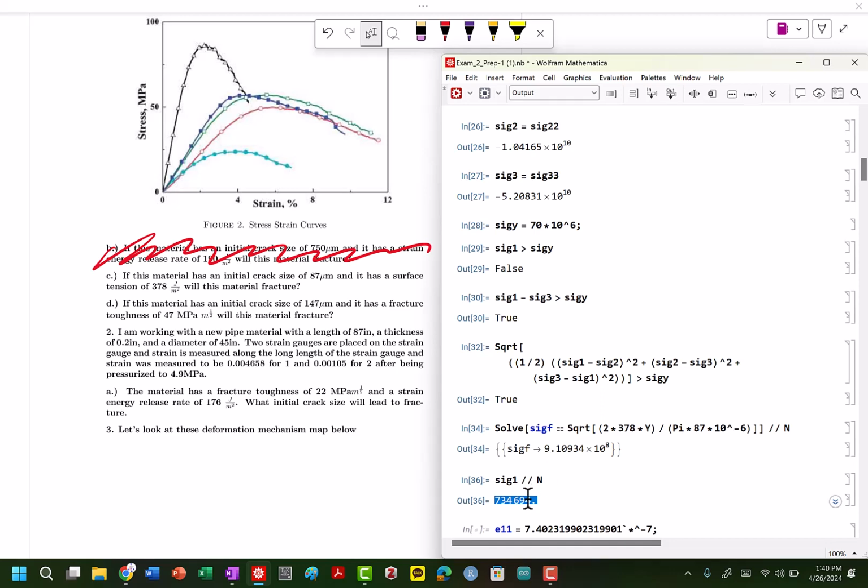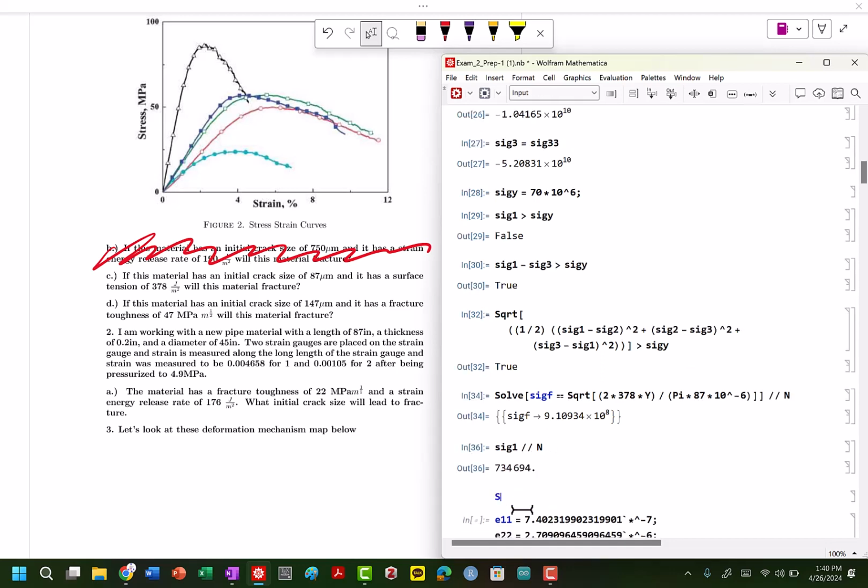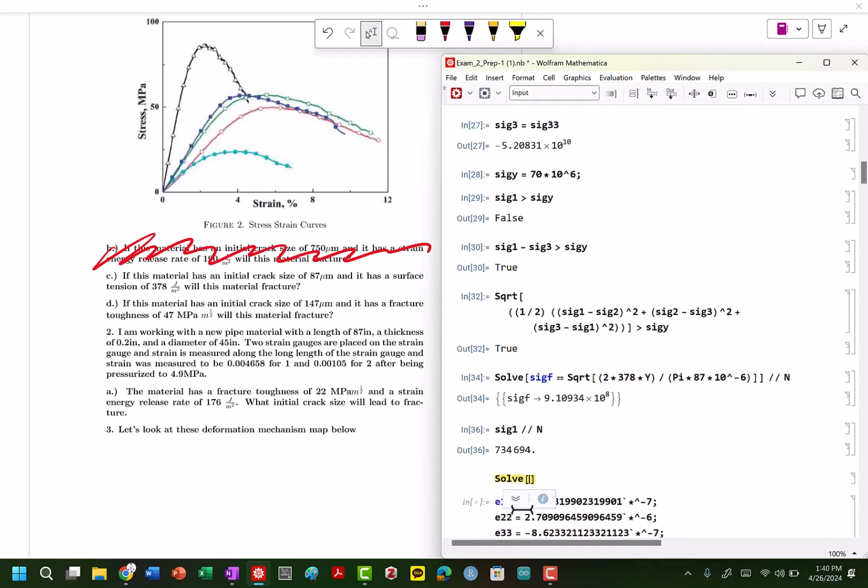Then what if it's the other situation? Now we can solve: 47 times 10 to the 6, that's our fracture toughness, set equal to sigma at failure times the square root of pi times the crack size, now 147 times 10 to the minus 6.